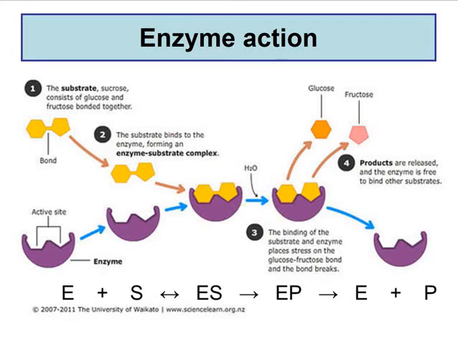And one thing for sure, we can already see in this whole process, the only thing that is consumed is the substrate. The substrate changes and becomes something else. So we end up with glucose and fructose being released as products. However, look at the enzyme. The enzyme is still in the same shape. So it means that if we had another molecule of sucrose, we can actually reuse the enzyme.